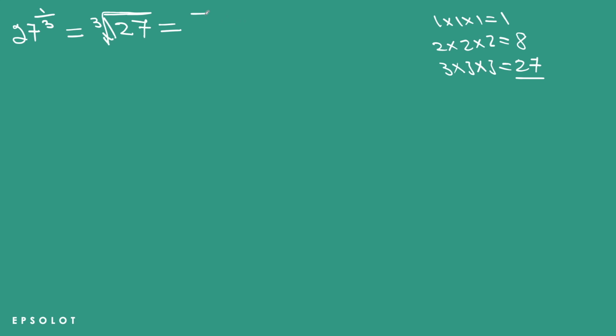So the answer is 3, because once that number is multiplied by itself three times, you get 27. In other words, 3 cubed is equal to 27.